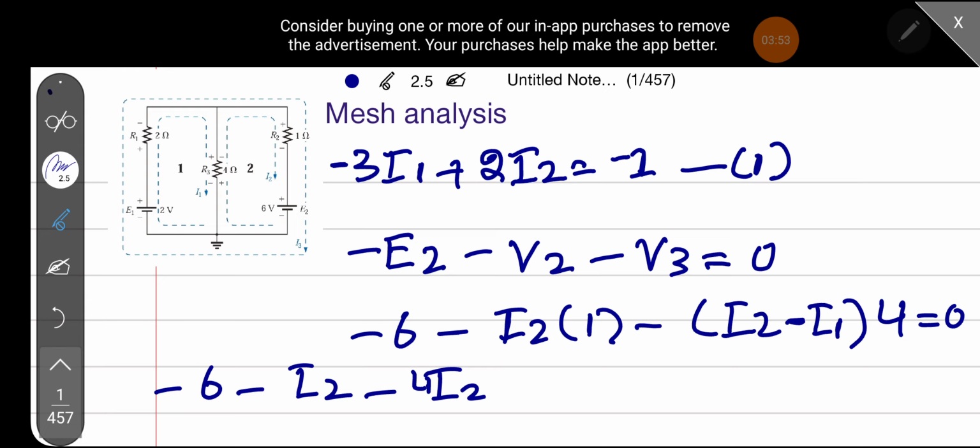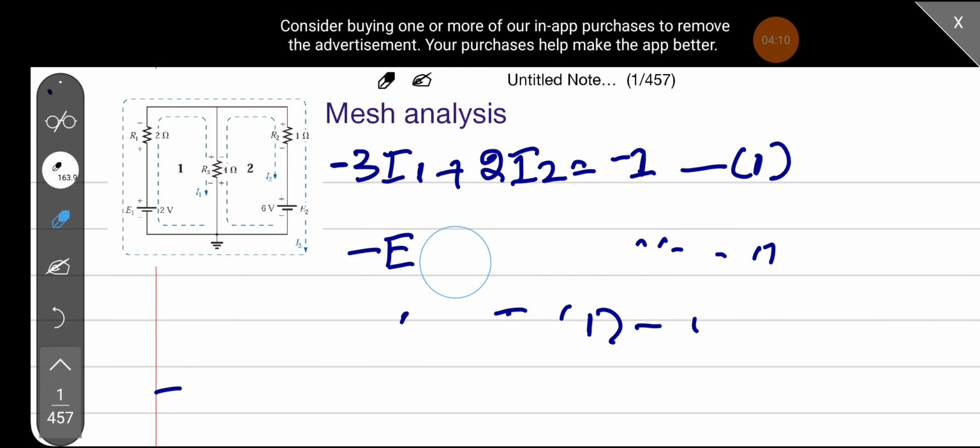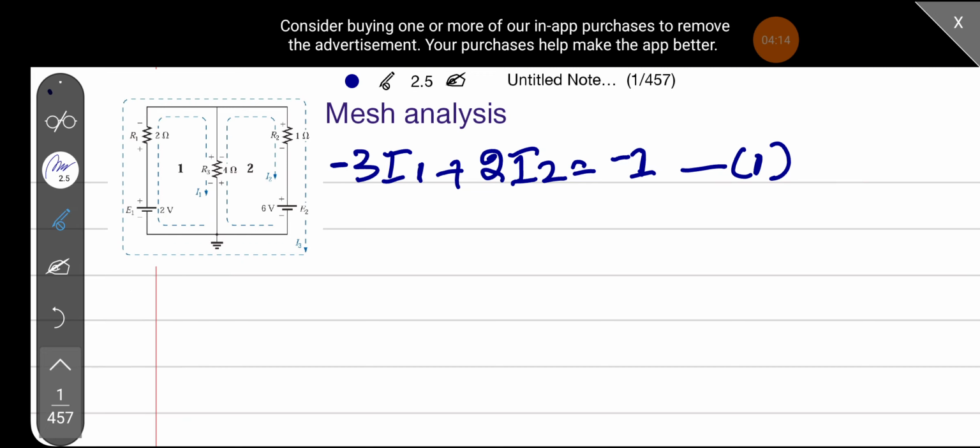I2 times 4 ohm plus I2 minus I1. Now if we further simplify this equation, it will look like 4I1 minus 5I2 is equal to 6.